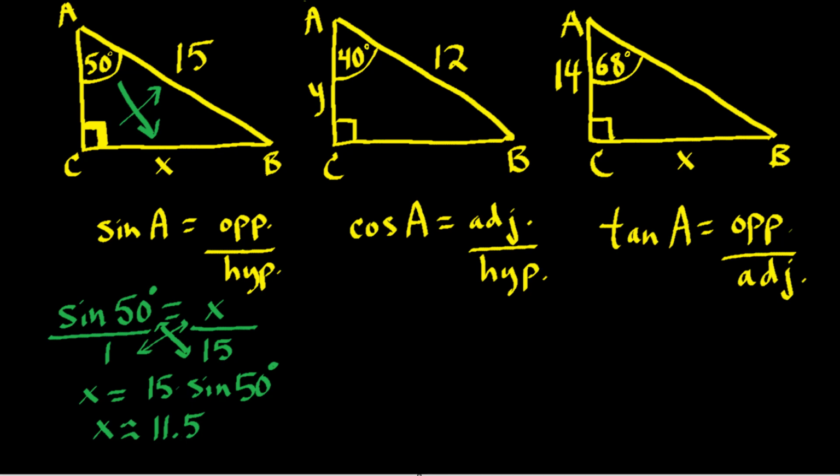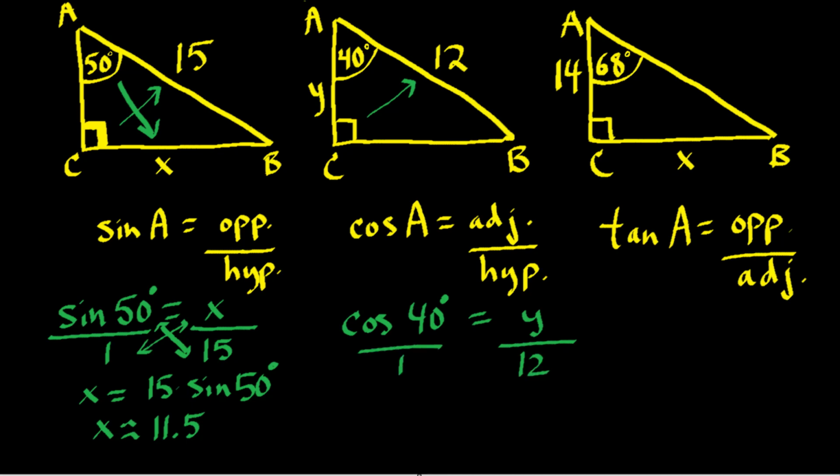This second example, we have an adjacent side of y and a hypotenuse of 12. So therefore, we're going to use the cosine function. So cosine of angle 40 equals the adjacent side y over 12.